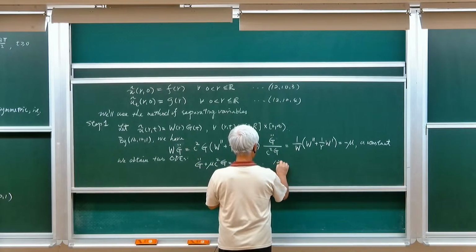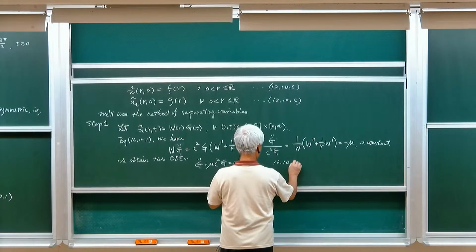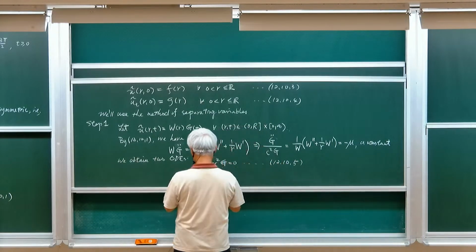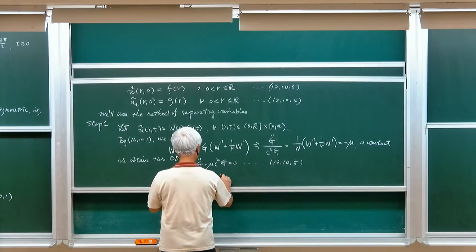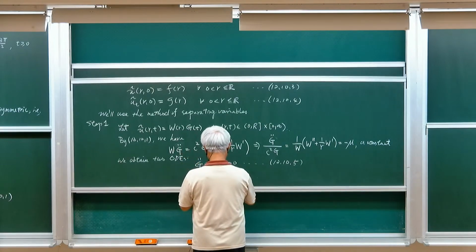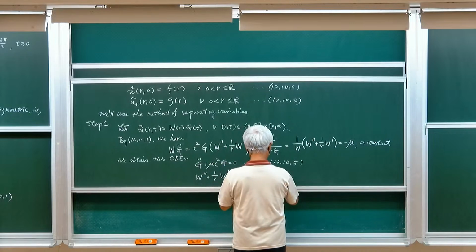This is 12.10.5. The other one is W double prime plus 1 over r W prime plus mu W equal to 0. This is 12.10.6.